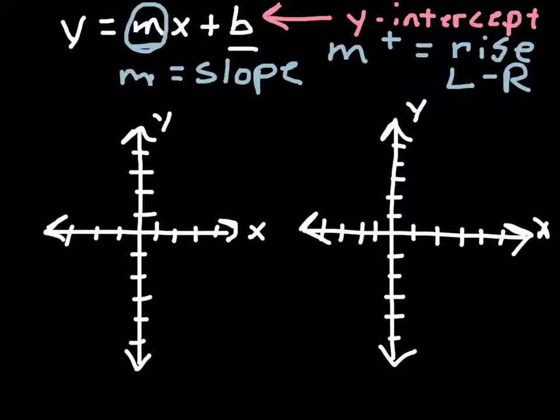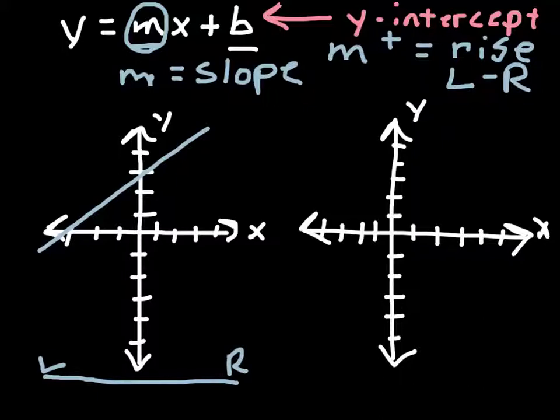So on my left coordinate plane, I'm going to show lines that have a positive slope. For example, if I graphed a line and say it looked like this, that's a positive slope, because as we move from left to right across the coordinate plane, notice the line rises. It's going up.